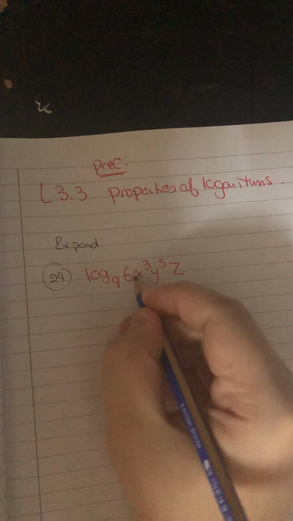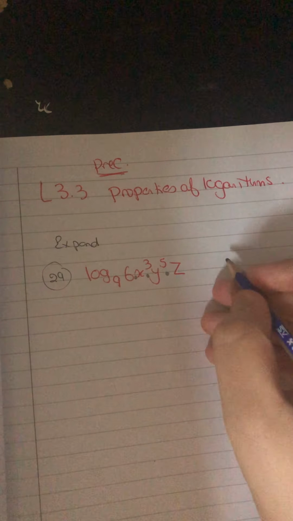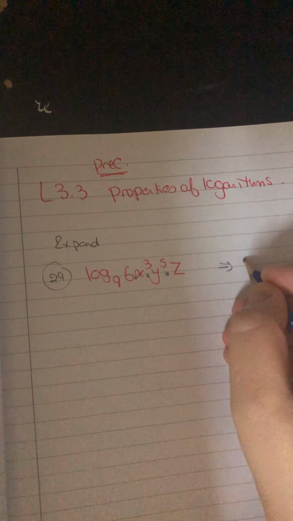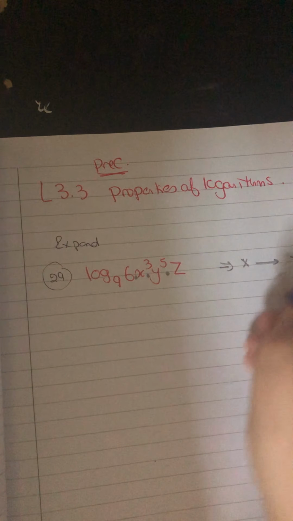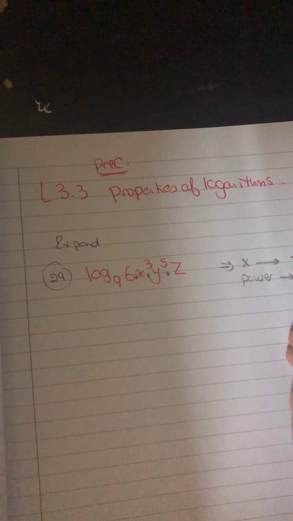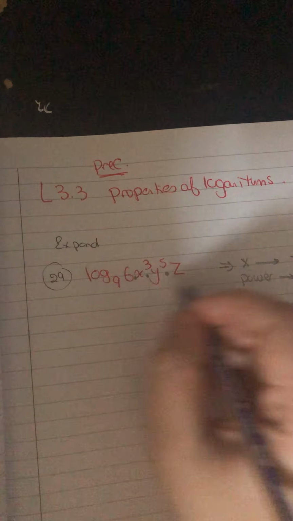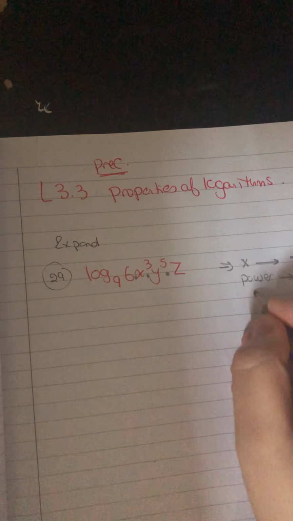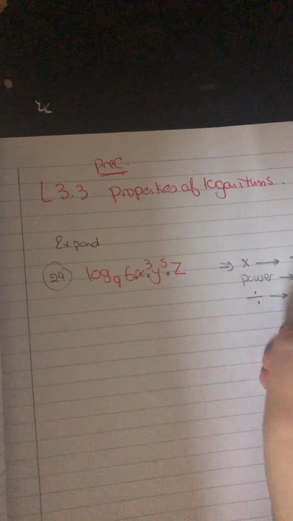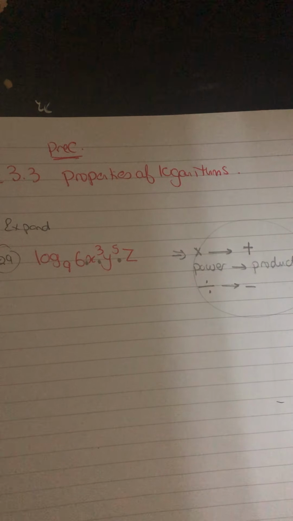I have here 6 multiplied by this multiplied by this. Remember the rules when we expand. If I have any power, I'll drop it down, if I have multiplication, I'll change it into a plus, and if I have division, I'll change it into a minus. These are the 3 things I do when they say expand.